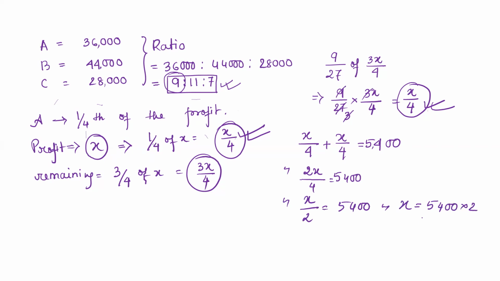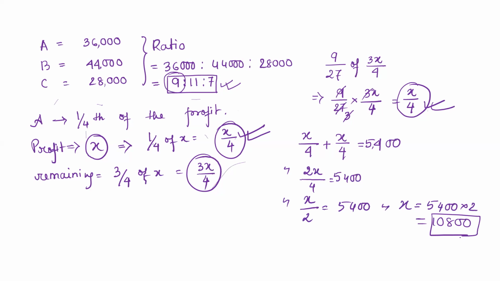Right? It's pretty easy. Now this amount is the total amount of profit. We have assumed X to be the total amount of profit, isn't it? So this amount is your X. 10,800 is X, right?